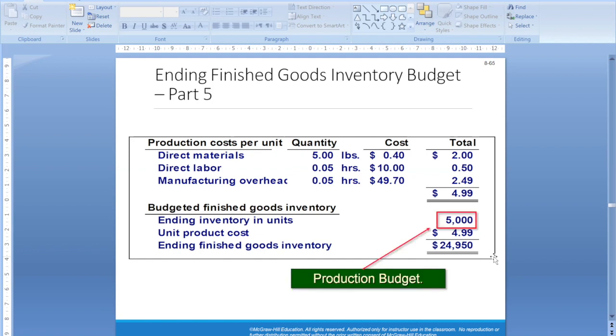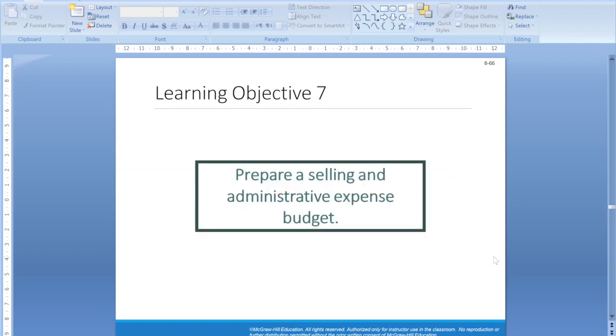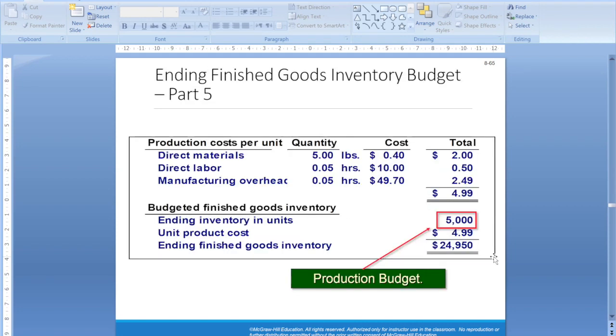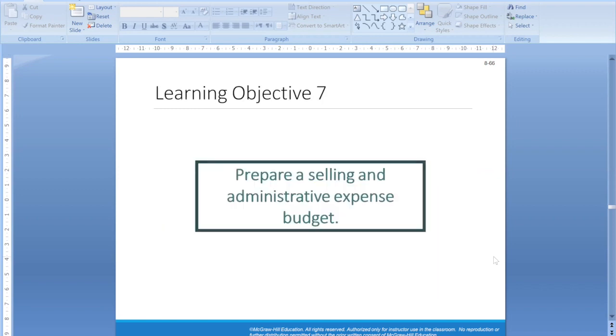The 5,000 comes from the production budget times the cost per 1 unit equals the cost of the whole ending inventory. This will be the second part of the lecture, and I will stop at the beginning of learning objective number 7. Thank you.